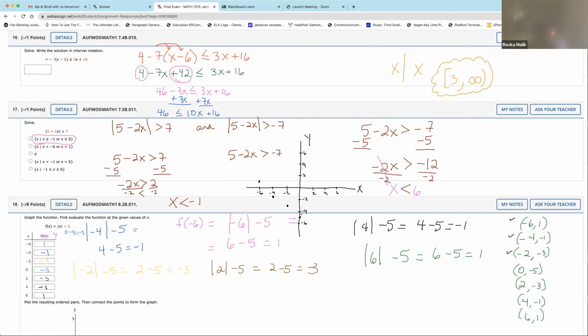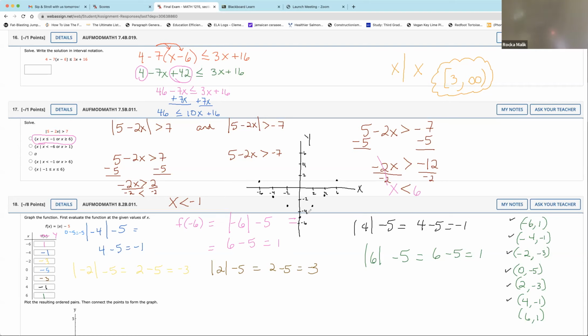This would look better if it was a perfect box. Okay, (2, -3). (4, -1). And (6, 1), so 6, 1 is here.